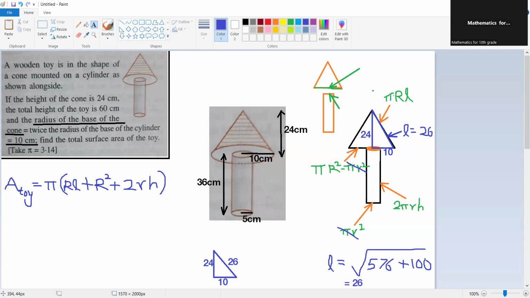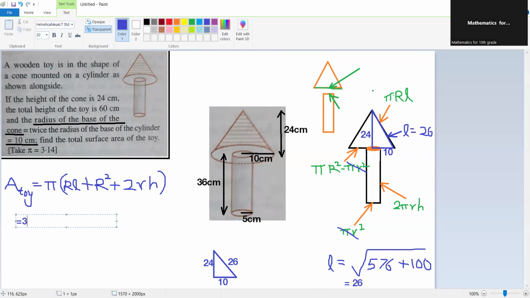So if we write, the area of the toy is 3.14 multiplied by RL, R into L, which is 10 into 26, which is 260, plus capital R square, which is 100 because 10 square is 100, plus 2 into small r, which is 5, into h, the height of the cylinder, which is 36.